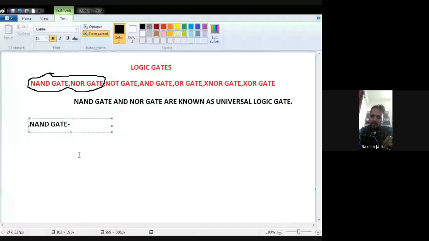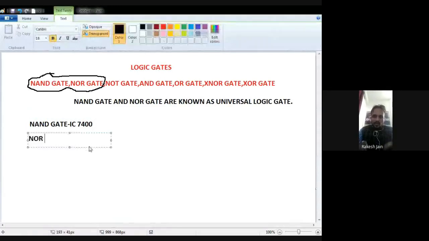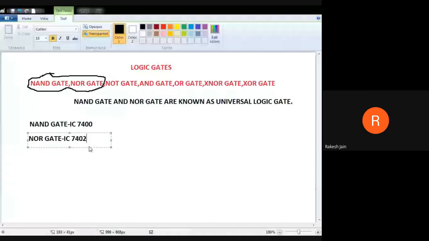Because with the help of NAND gate and NOR gate, we can realize all other logic gates. NAND गेट और NOR गेट की हेल्प से हम किसी भी दूसरे लॉजिक गेट्स को बना सकते हैं, AND बना सकते हैं, OR बना सकते हैं, XOR बना सकते हैं, XNOR, because we can realize all other logic gates with the help of these gates. That's why they are known as universal logic gates.